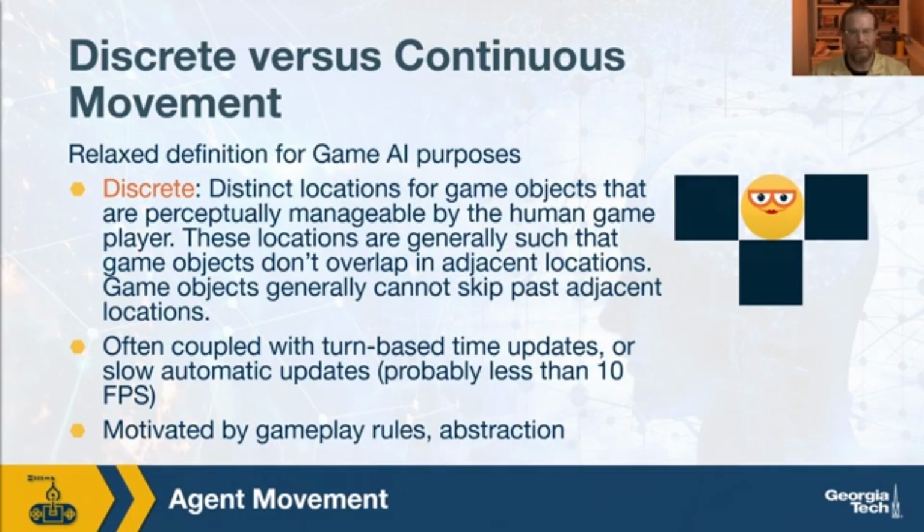So for discrete movement games, we'll say that we have these distinct locations for the game objects to be placed, and these game objects can move around from each of these places in some human perceptually manageable number of locations.